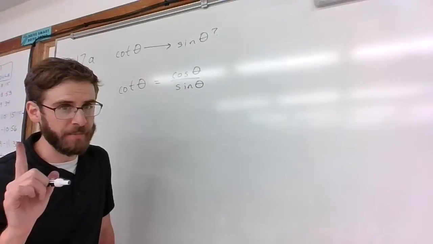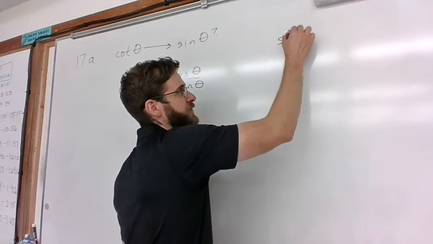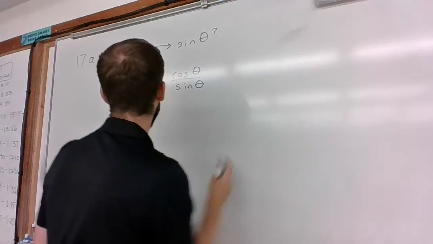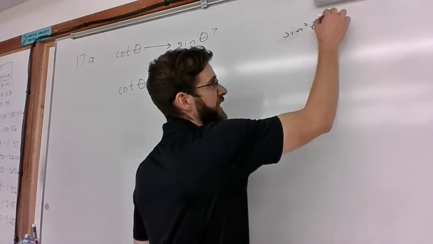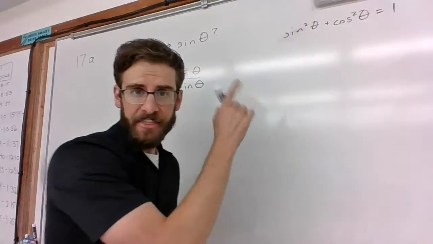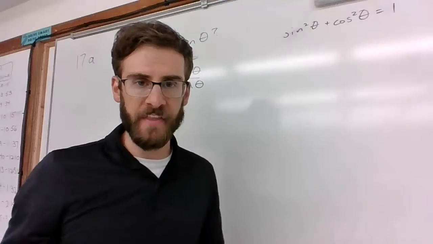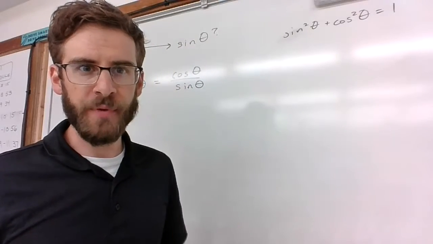Well, there was that one formula that said sine squared of theta plus cosine squared theta equals 1. We always had that in our back pocket when we were proving things or trying to make an equation work out. So what if we got cosine by itself?